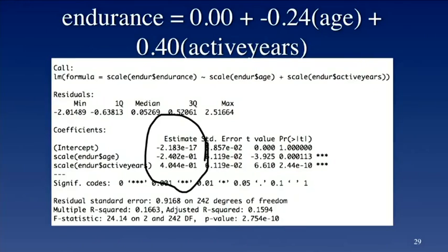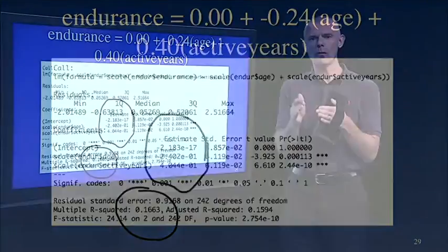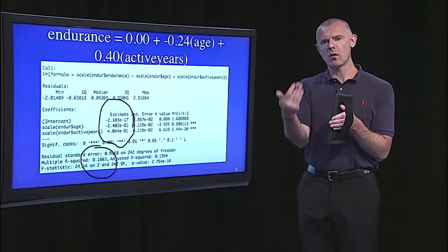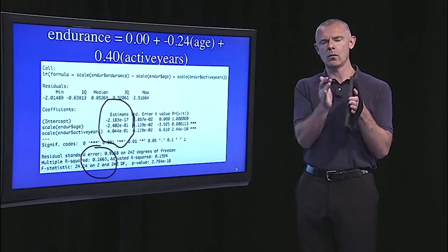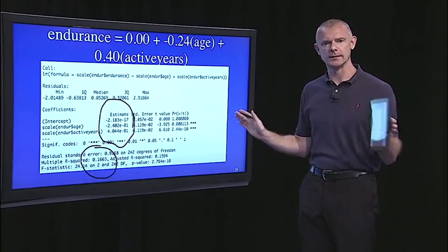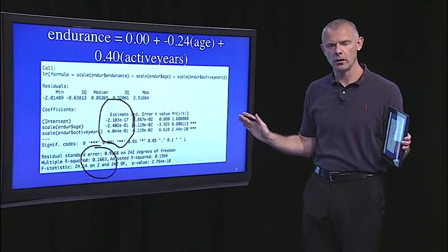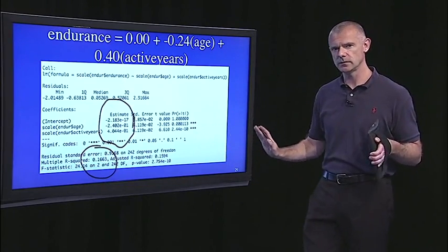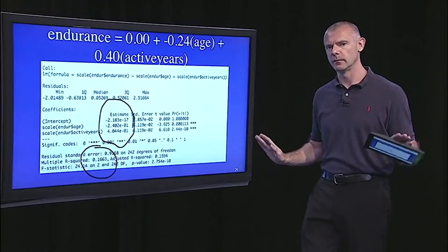And if we look down at the model R squared, we're now up to 16.6% of the variance. So knowing the number of active years that someone has been engaged in physical exercise and their age, knowing that linear combination allows us to explain more variance than if we know each variable in isolation. Because remember, we only explained 11% of the variance from active years and about 1% of the variance from age.